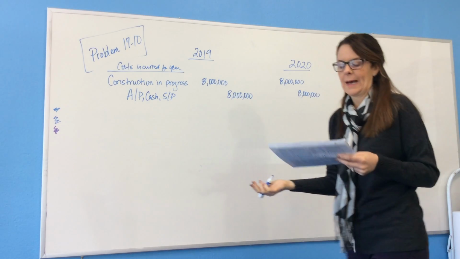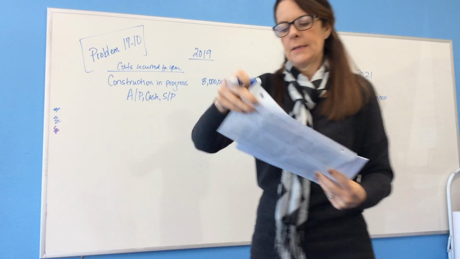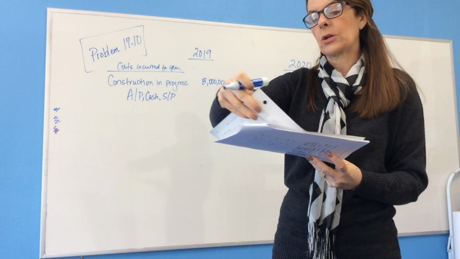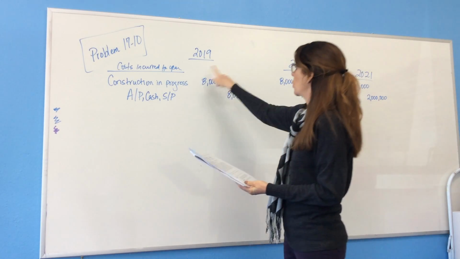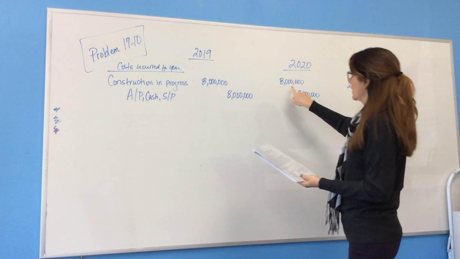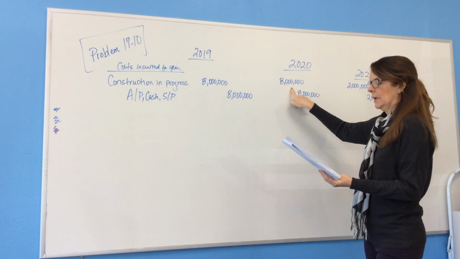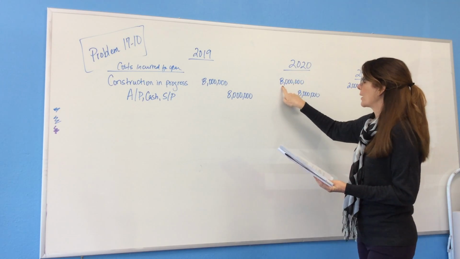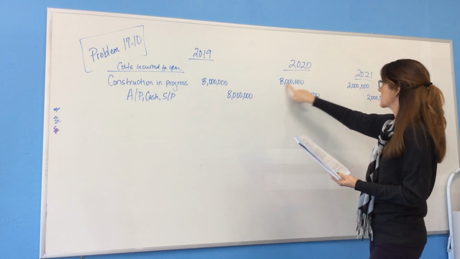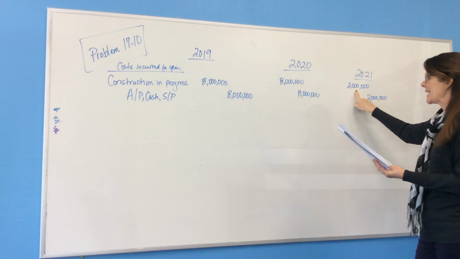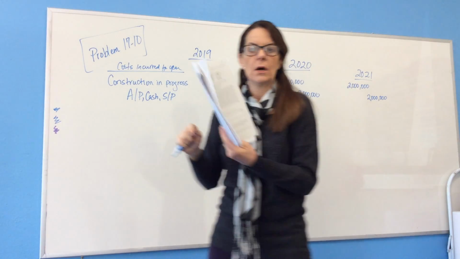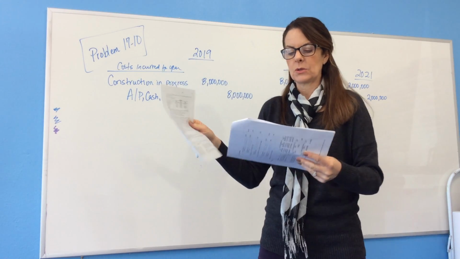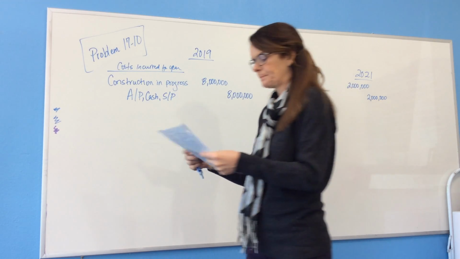Remember, the total we had, it said here, costs incurred to date. So the costs incurred to date for 2019 was a total of 8. Here it was a total of 16, but I have to just add another 8 for the year. So I've got 8 plus 8 is 16, plus 2 is 18, and that's how I got my very first cost incurred to date from the book of 18 million. So that's how I journalized that.